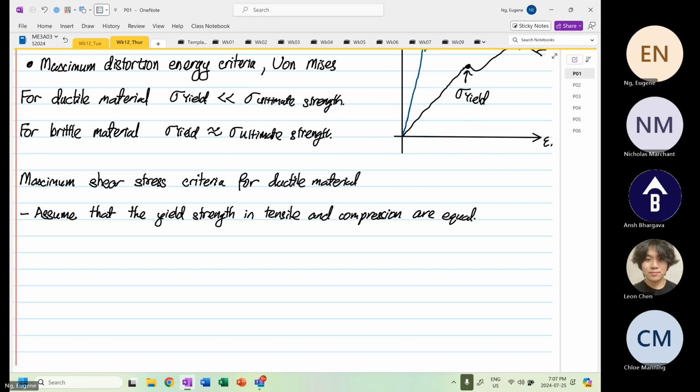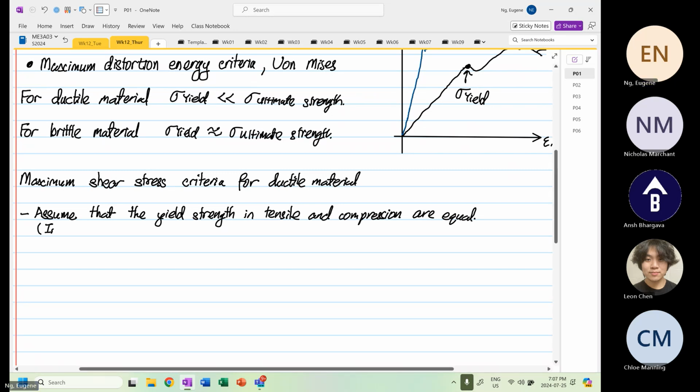But in real life, or reality, the yield in compression, the absolute value, is greater than the yield in tensile.